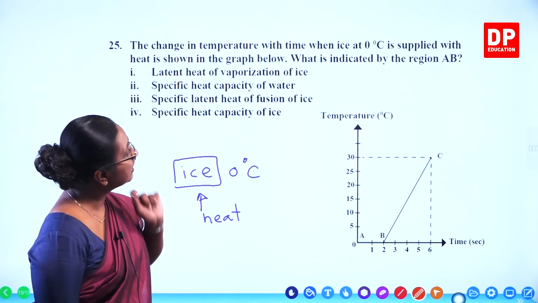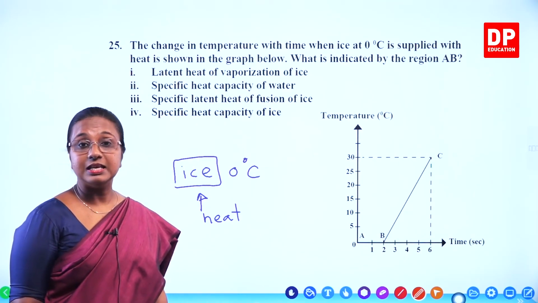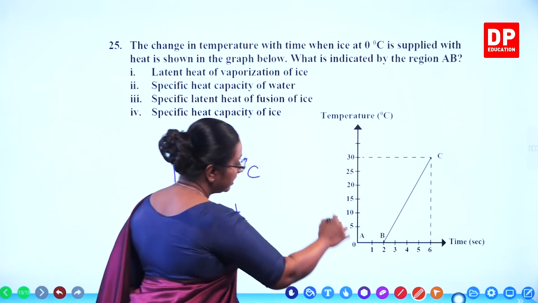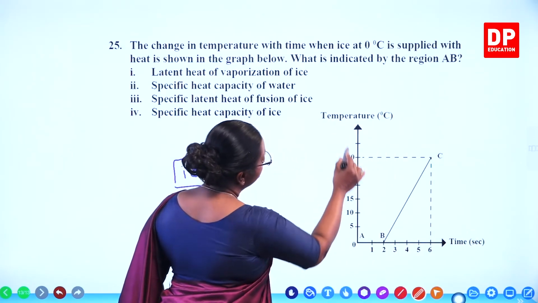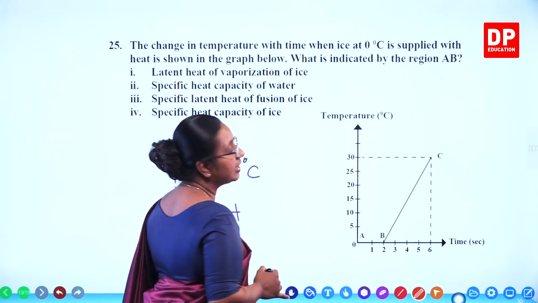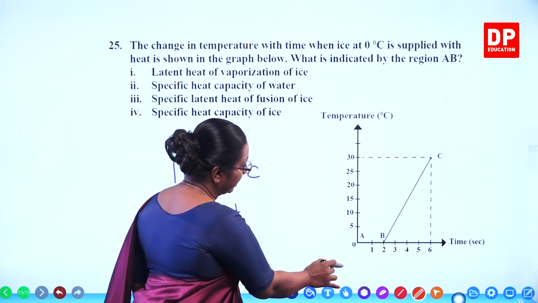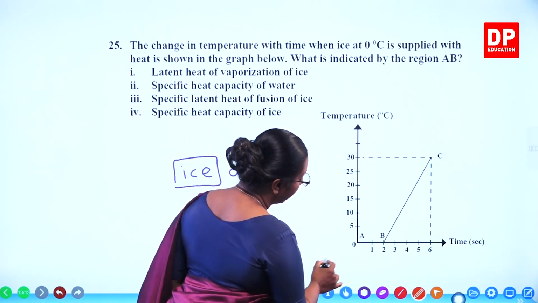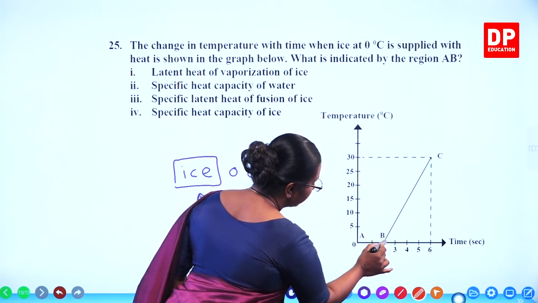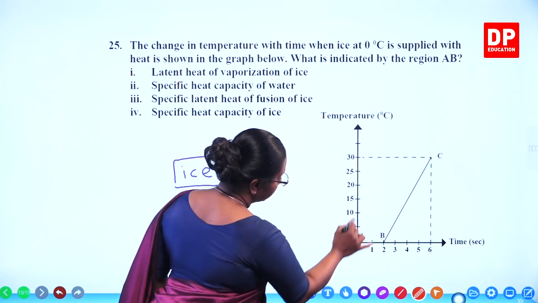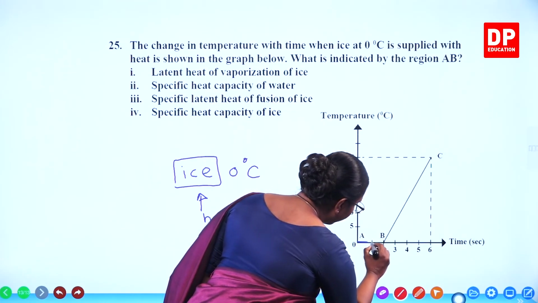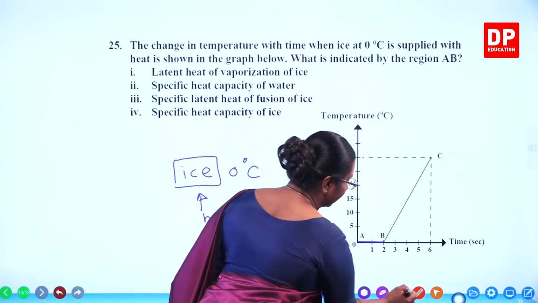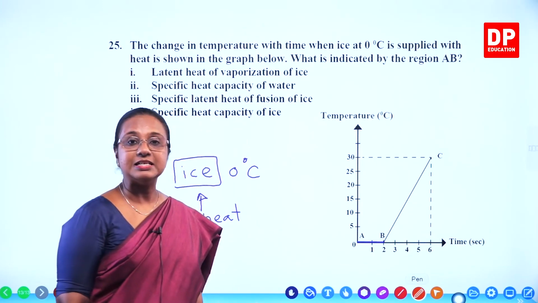So here, what is indicated by the region AB? You can see here, students, the x-axis is time in seconds, the y-axis is temperature in degrees Celsius, and the values have been marked there. From point A to point B, you can see that the temperature remains the same.